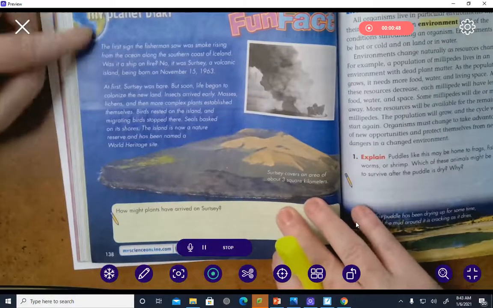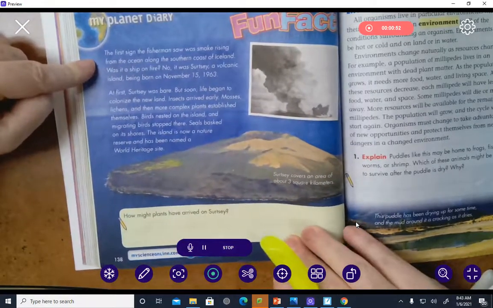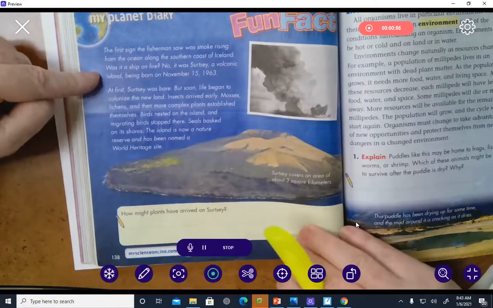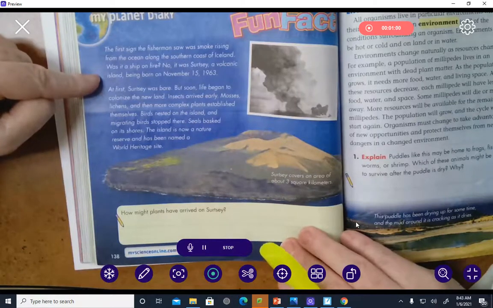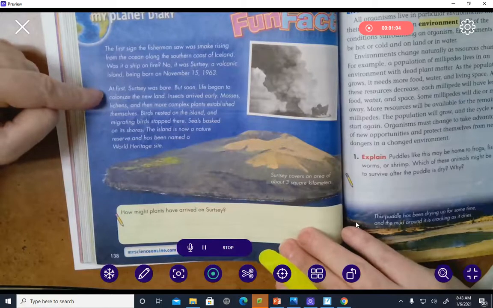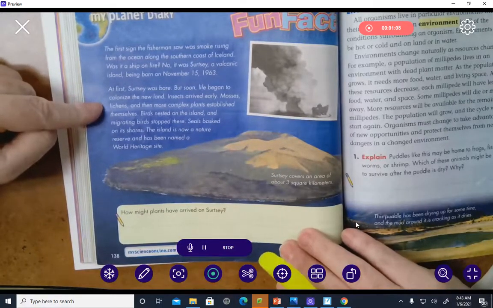The first sign the fishermen saw was smoke rising from the ocean along the southern coast of Iceland. Was it a ship on fire? No, it was Surtsey, a volcanic island being born on November 15, 1963. At first, Surtsey was bare, but soon life began to colonize the new land.